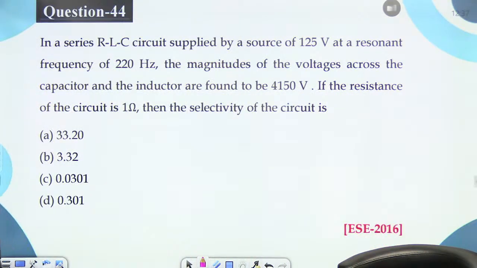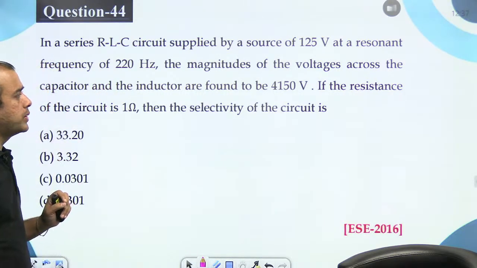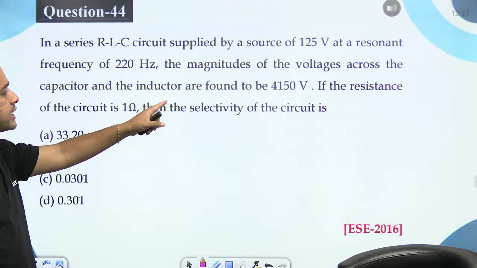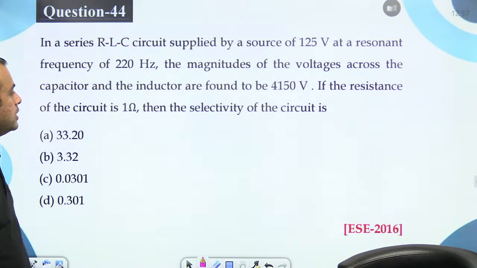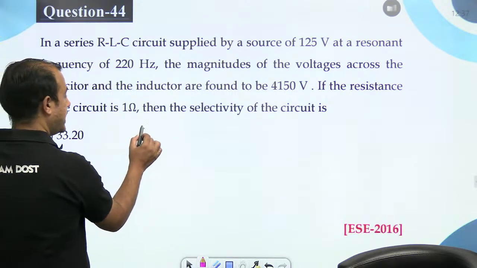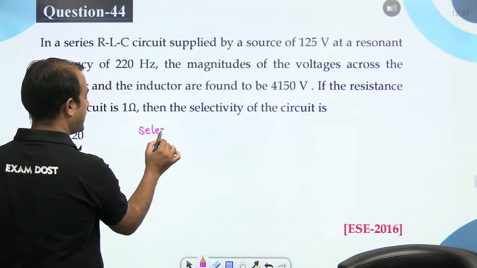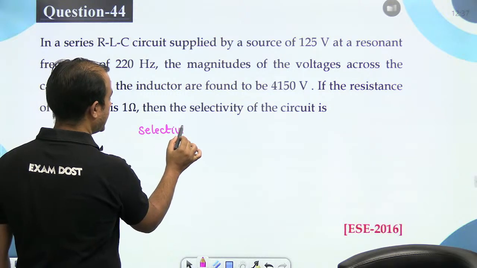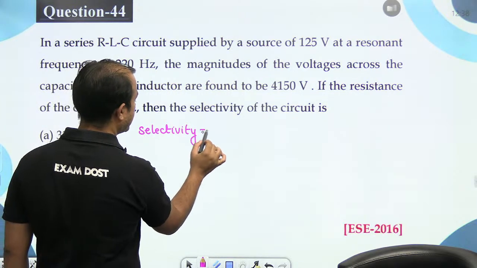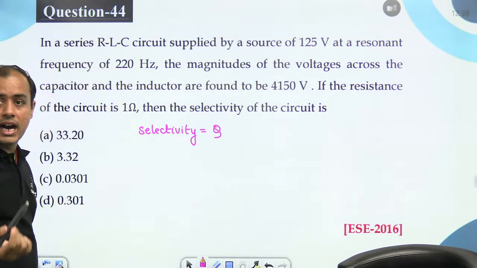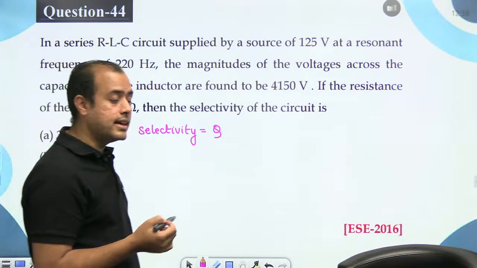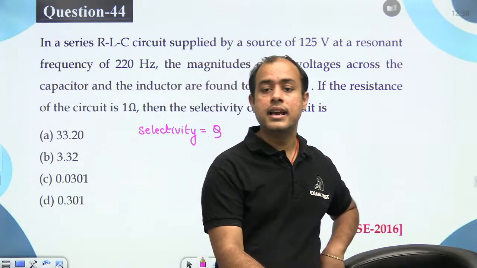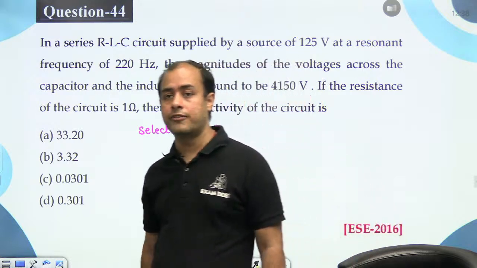Next, in a series RLC circuit supplied by a source of 125 at resonant frequency 220, magnitude of inductor capacitor voltage is 4150, resistance is 1 ohm, selectivity. तो बेटा selectivity is nothing but quality factor. क्या होता है ना, if your quality factor is high, the resonance curve is sharp. So it passes a lesser range of frequency. That is, it passes a narrow band of frequency.